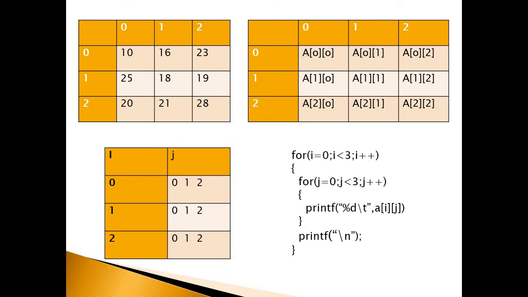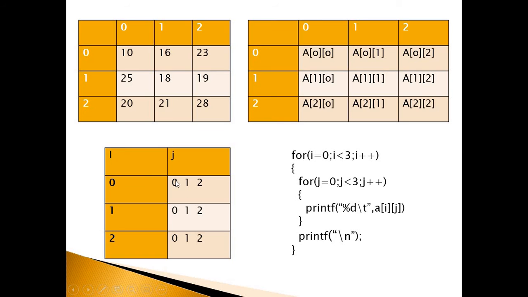Let me show this table which shows how the values of i and j are modified in the array. When the program executes this statement, i is initialized to 0. It checks the condition 0 is less than 3, so it comes here. It executes the j loop. First, it initializes the value of j as 0.